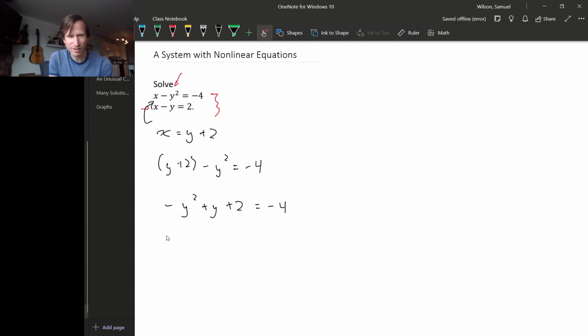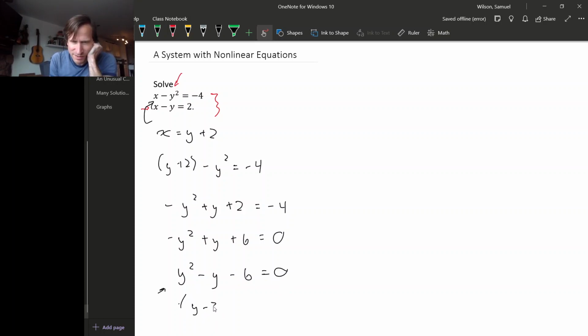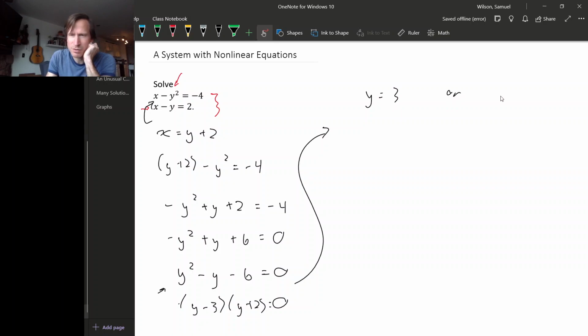Let's get this negative 4 to the left-hand side: minus y squared plus y plus 6 equals 0. And then let's multiply everything by minus 1, just because I like having my y squared term be positive. So y squared minus y minus 6 equals 0. And now I see that this factors. So this is y minus 3 times y plus 2. Okay, so this tells us that y is either 3 or the other possibility is that y is minus 2.